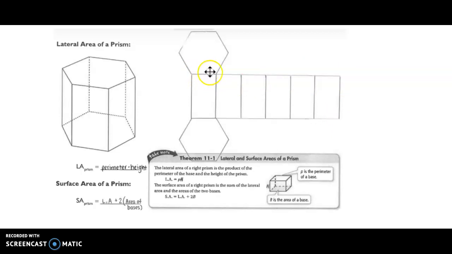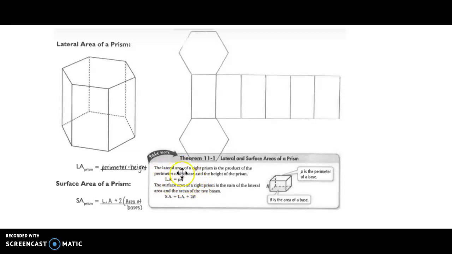The perimeter is because if you add up all of these sides here, that represents these lengths in this hexagon. Those are the 6 sides here. And then you multiply by the height. So it's really kind of like a rectangle. So that's the lateral area, the perimeter times the height.